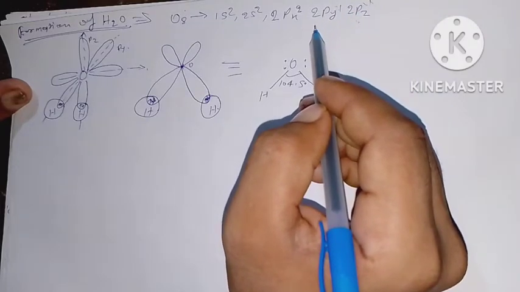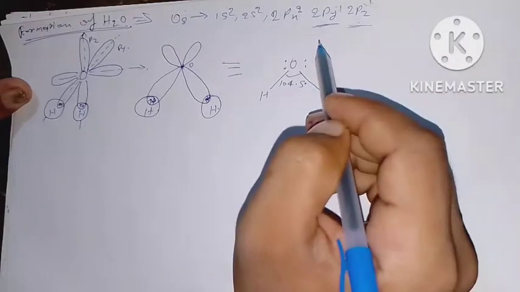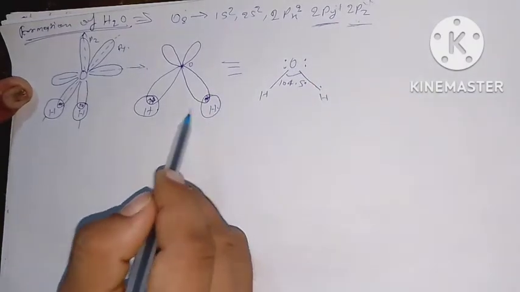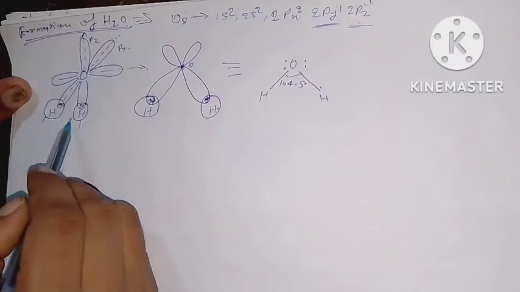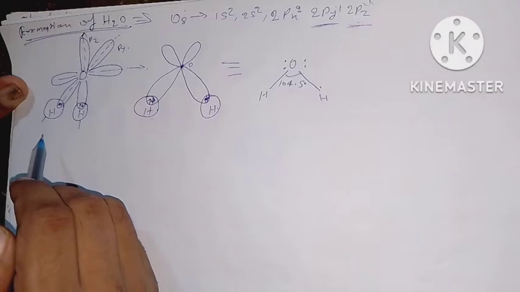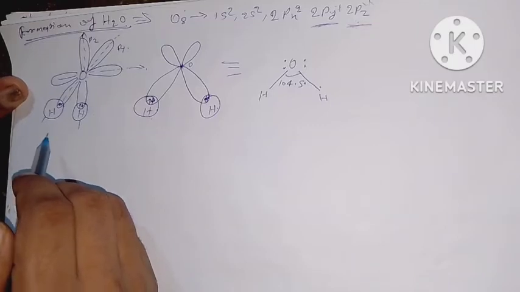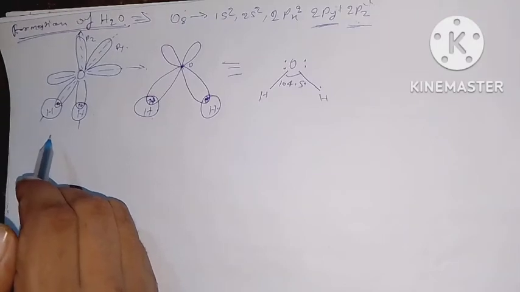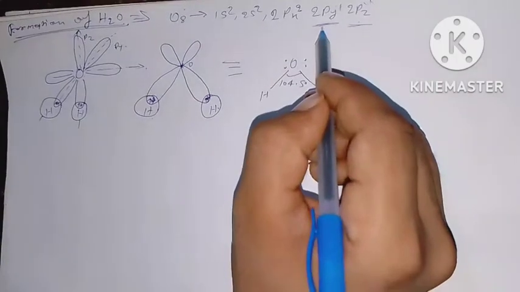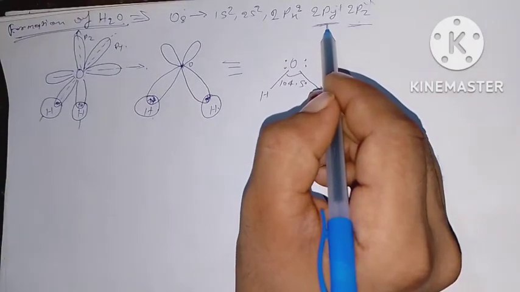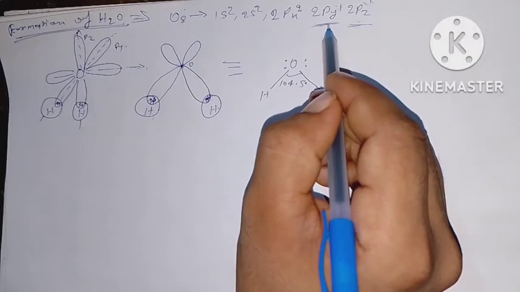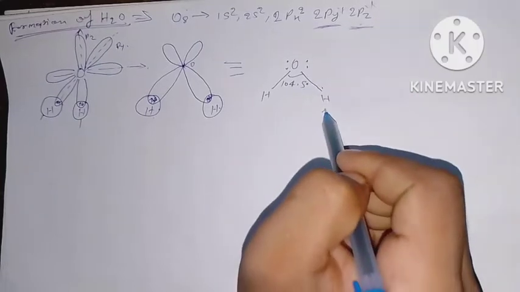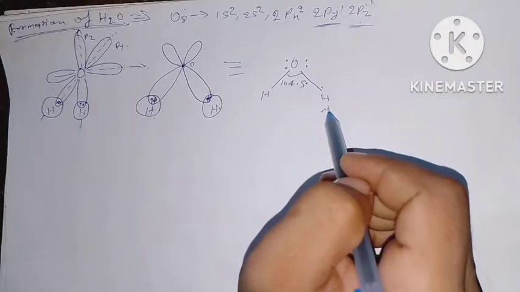These two orbitals, 2py1 and 2pz1, overlap with two hydrogen atoms and form two sigma bonds. In the H2O molecule, the two oxygen-hydrogen bonds are formed by the 2py orbital of the oxygen atom overlapping with the 1s orbital of one hydrogen atom, and the 2pz orbital of oxygen overlapping with the 1s orbital of the other hydrogen atom, forming two sigma bonds.